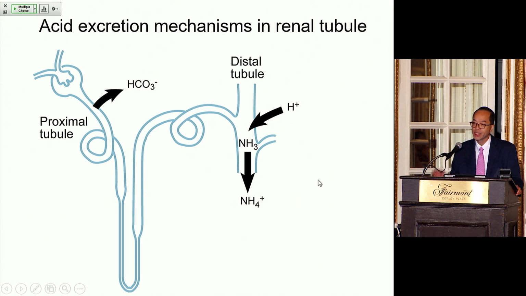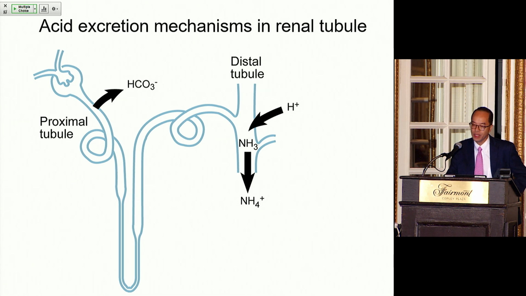So to understand how this works, it's useful to understand how acid is handled in the renal tubule. So I'm going to give you the really simplistic version of this. The important thing to remember is that most individuals on an average, certainly American diet that are not vegans, generate net acid that needs to be excreted every day.